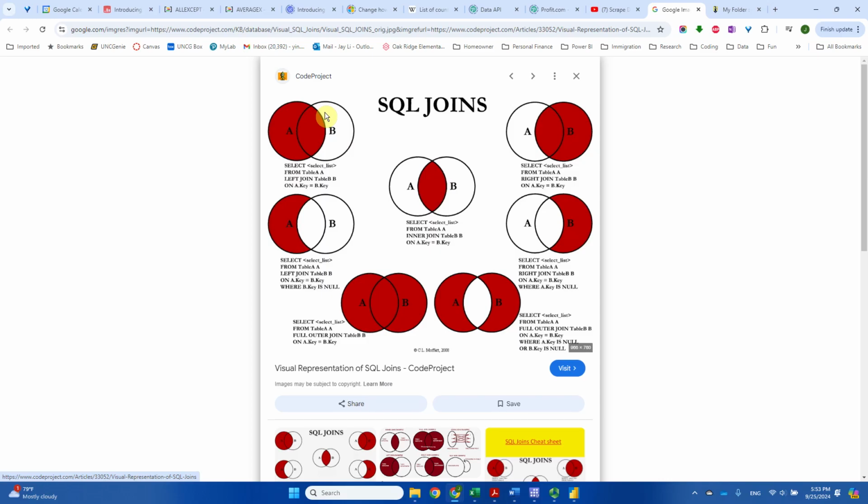So in a left outer merge, table A is on the left, table B is on the right. Okay. So in a left outer merge, all the countries in the left table, so here all the countries in table A, are going to be included in the merged or the combined table. For table B, however, only those countries that also exist in table A will be included. So basically, only this overlapping part from table B will be included in the combined table.